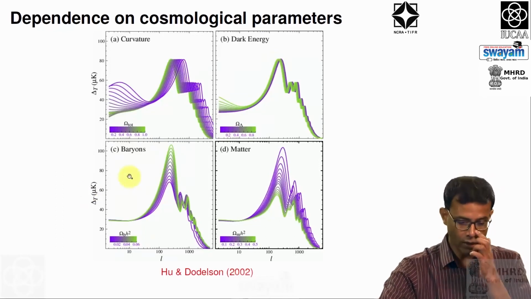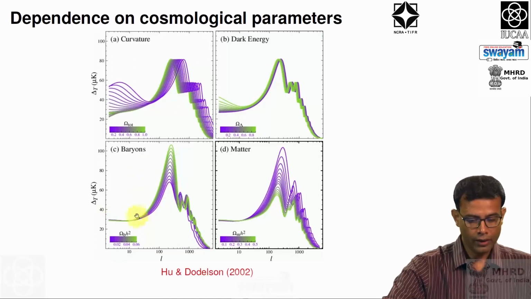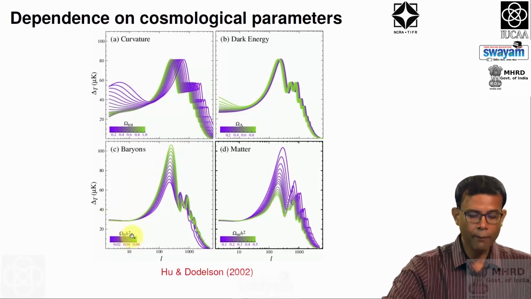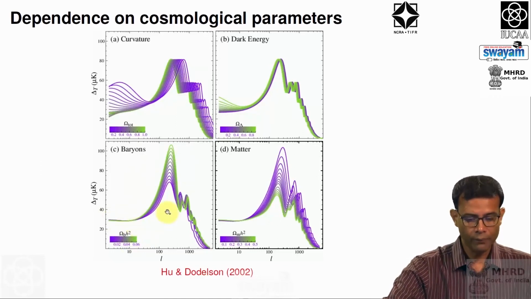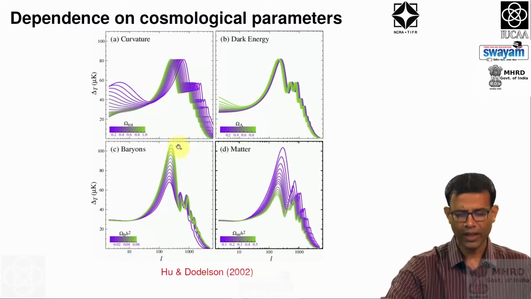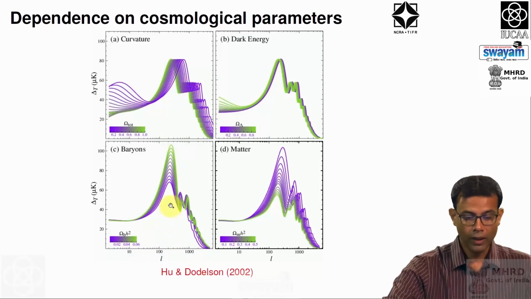What happens to baryons? This is the dependence on the value of omega b multiplied by h squared. You can see if I change omega b, the location of the first peak does not change that much, there is a small change maybe, but the amplitude changes drastically. So, again if one can measure the amplitude of the first peak, that gives you a handle over omega b.